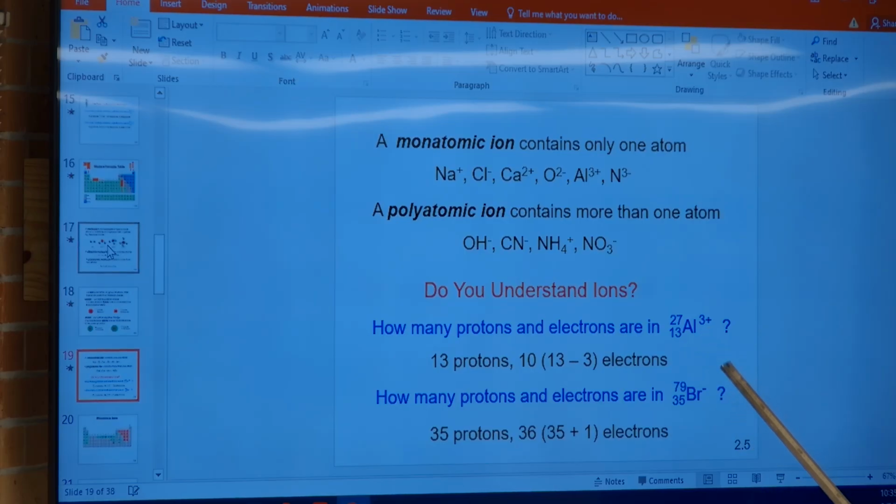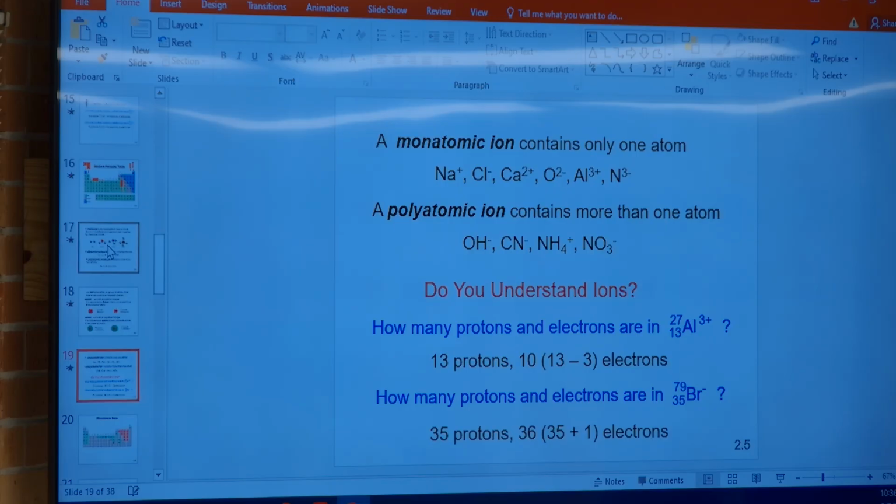But now 3 plus charge, what does this mean? 1 plus charge means lose 1 electron. So electron is negative, lose 1 negative over positive 1. Right? If lose 2 electrons, positive 2.